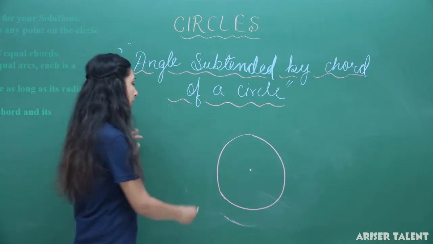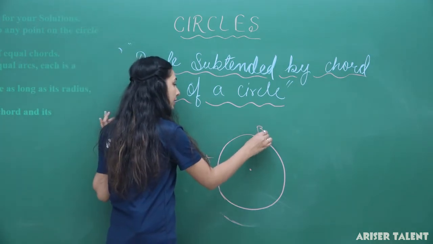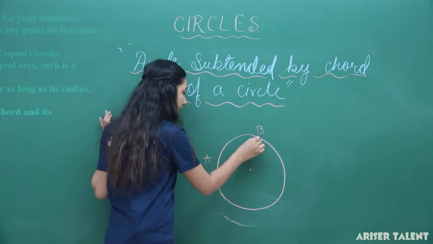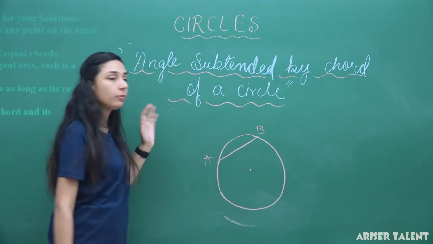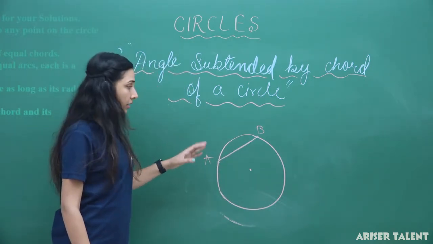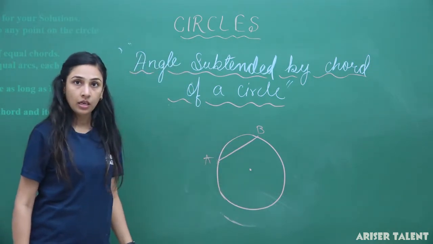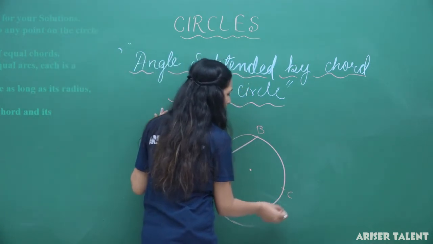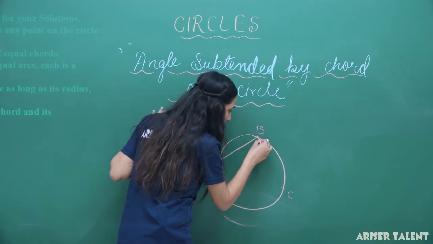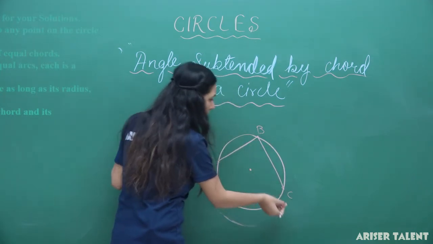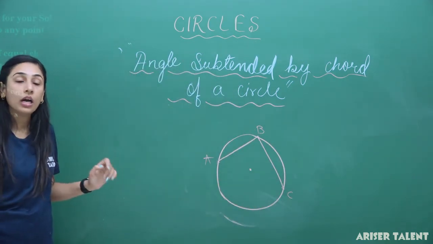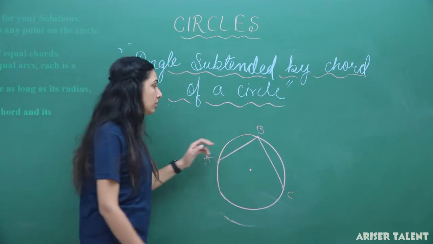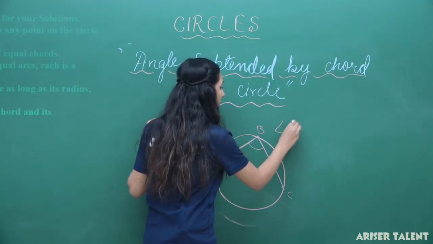I have some point A here and B here. I will meet these two points on the circle and find the chord AB. Then I take another point C, and I meet B to this C. So BC will become another chord. Now there is an angle ABC.